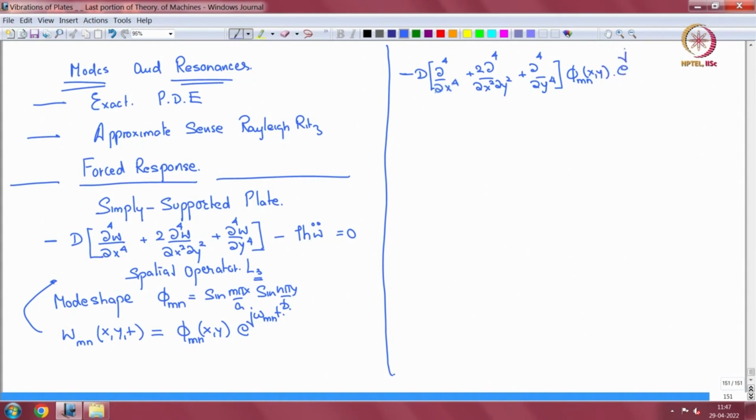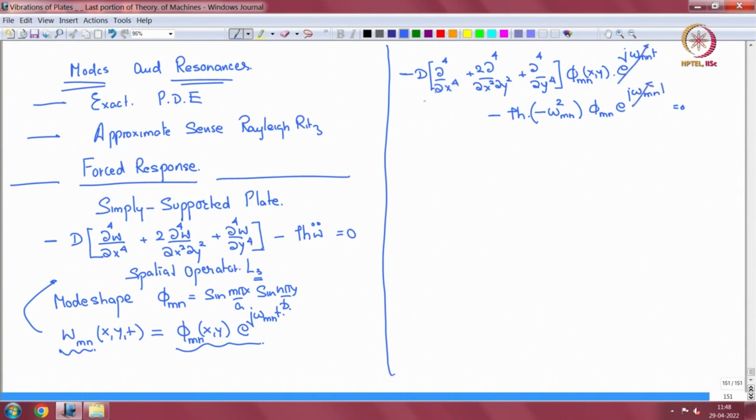The time term comes in e to the power of j omega mn t, minus rho h w double dot. So that becomes minus rho h Wmn double dot; the derivative is on the time term, so I get minus omega square mn phi mn e to the power of j omega mn t equal to 0. So I take this out.